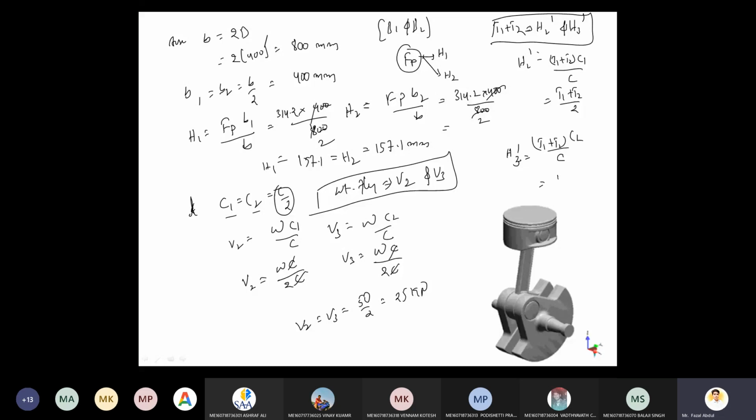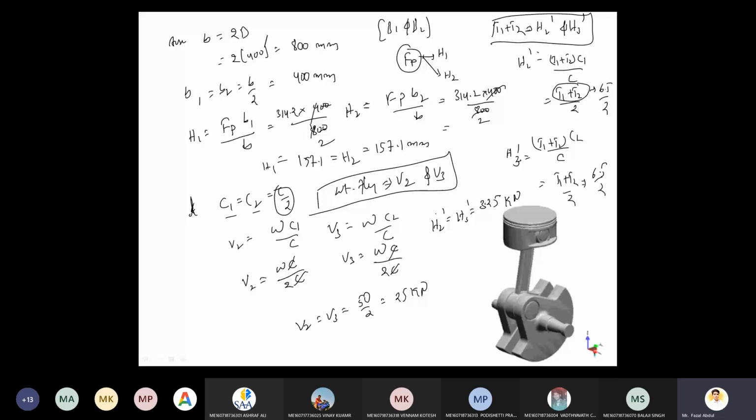The belt tension is given in the question itself, that is 6.5. So this is 6.5 by 2. H2 dash and H3 dash are the same, 6.5 by 2, which is 3.25 kilonewtons.